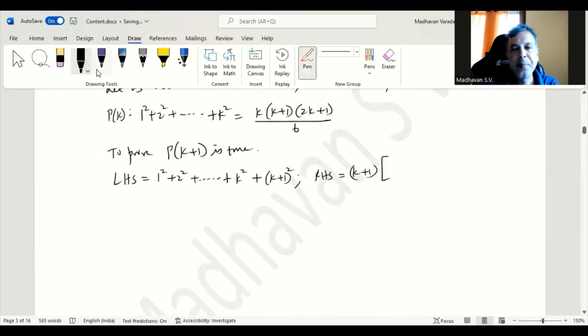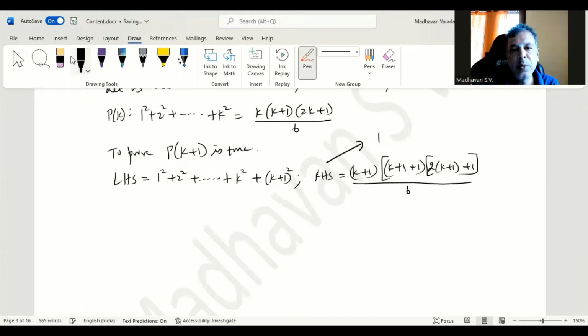So this will become k plus 1, there is a 1 again, so k plus 1, and then here 2 times k plus 1 plus 1 whole thing divided by 6. This is what we have to prove.